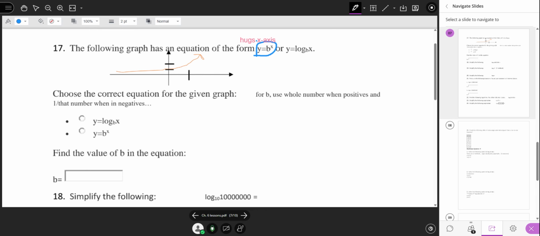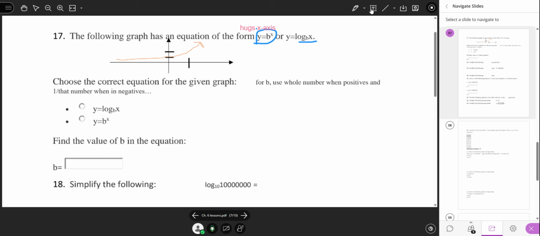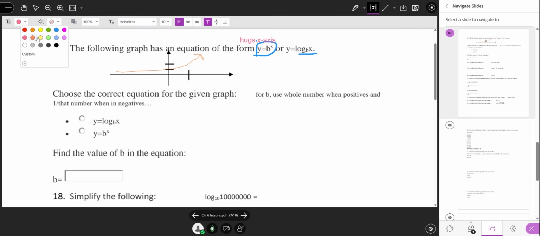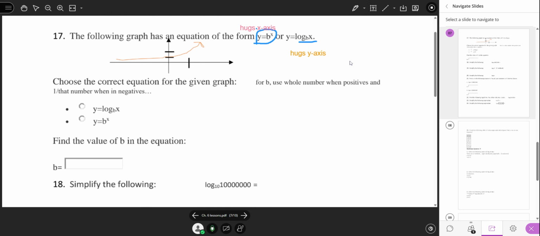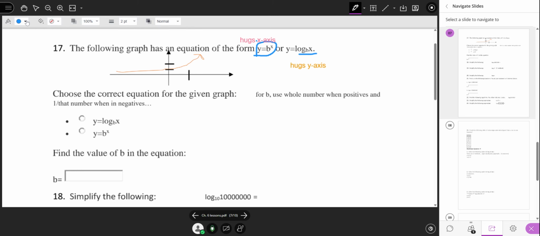Log base b hugs the y-axis. All right. This one is hugging the x-axis. So it's this.